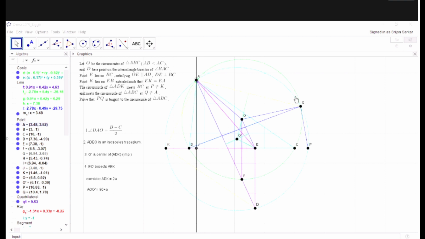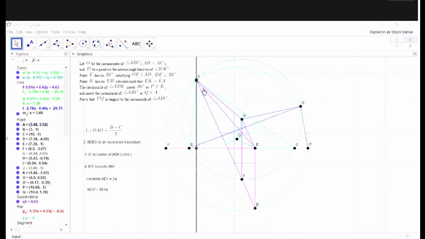Now tell what was AQP. What was this? AQP. What will be? 90 minus alpha. It will be 90 minus alpha. We consider this to be 2 alpha.